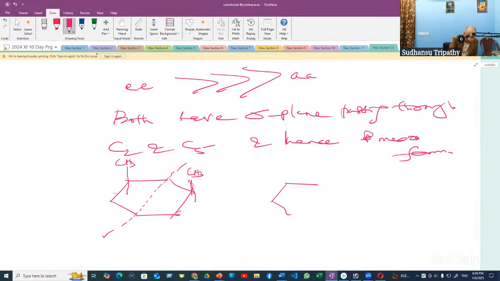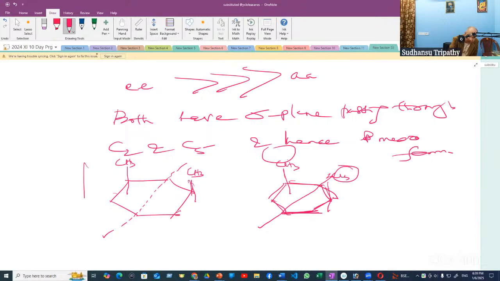Because if it will be a very symmetrical hexagon, and if one is here, the other one is here on the same side, then it looks as if there is a plane of symmetry. So this bond reflects with this bond, this bond reflects with this bond, this bond reflects with this bond.